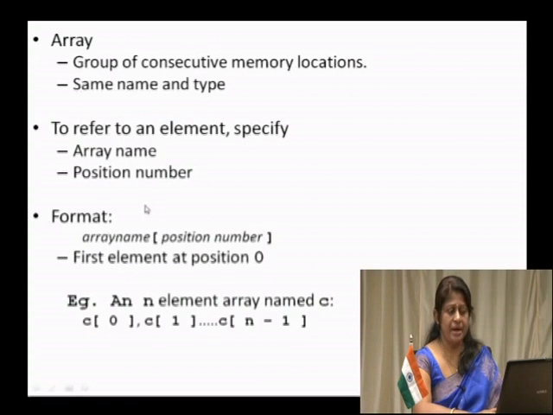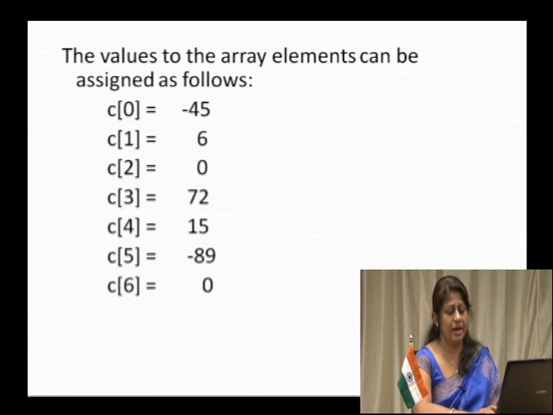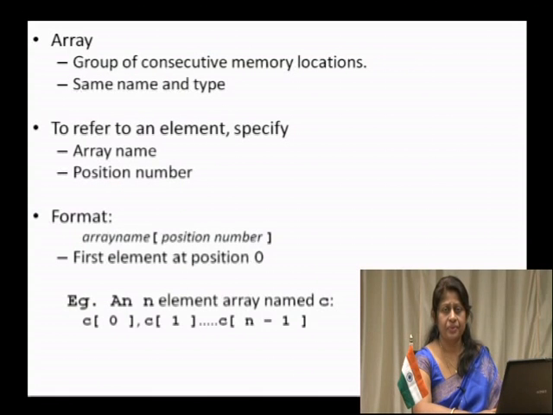What is the format that we use to access an array? That is, we have the array name with the position number. So, always the first element will be in position 0.